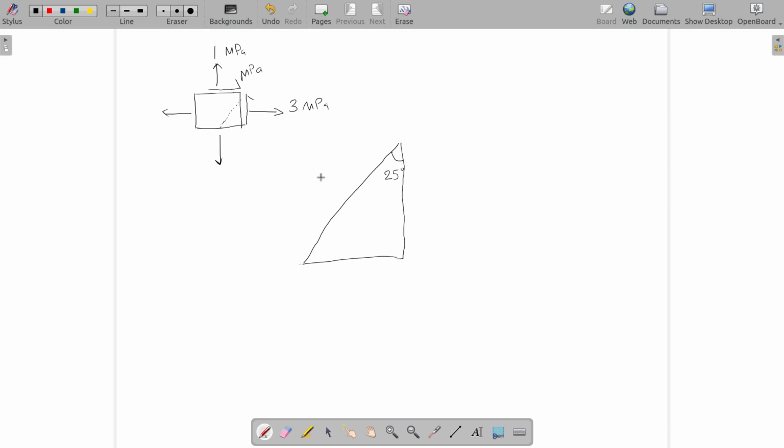Now how do we find out normal stress and shear stress here?